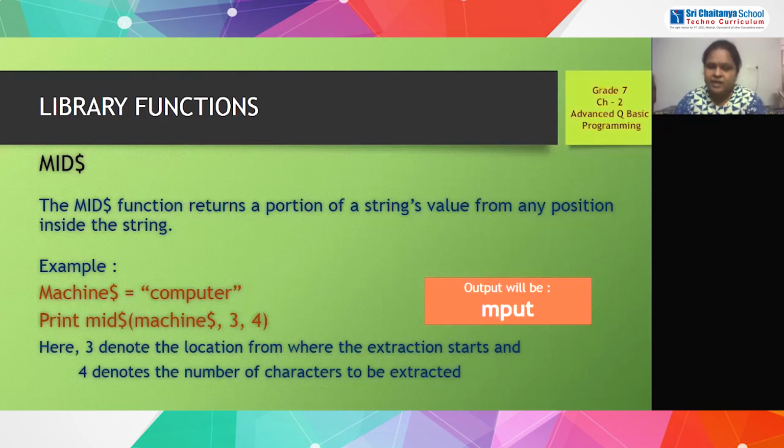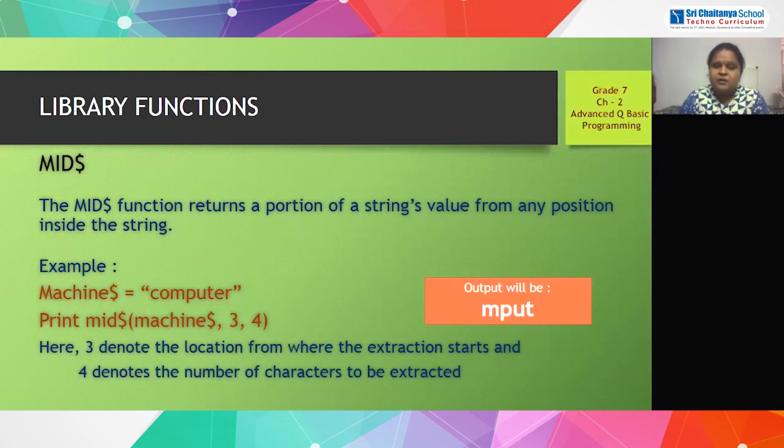Now in the example, the third letter is M because COM. So from M it is starting, and after that it should take 4 letters because I have specified 4 as a requirement here. So MPUT, 4 letters it will extract and it will print as output.